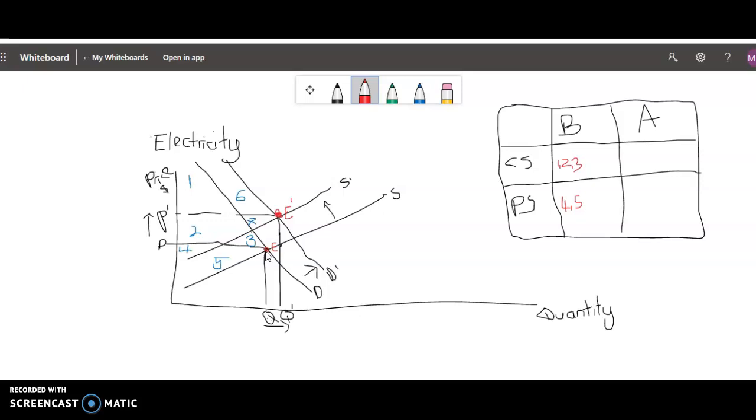For them, they receive exactly what it costs them to make that last unit of electricity. But everybody else makes a little profit. We call it marginal profit, right? So if 1 unit of electricity costs you this much, and then that's the price you receive, you get a marginal profit, whereas that profit decreases as we increase the amount we're supplying, because remember, marginal cost rises as you supply more. Probably too much information, but just a little bit of extra detail for you. Okay, this is not producer surplus.